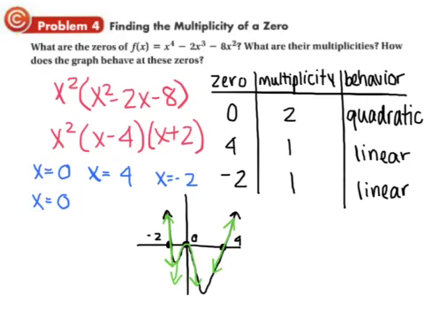So that is what we are talking about when we're talking about the behavior. Just by having your zeros and knowing their multiplicity, you could say, at this zero, this is how my graph is behaving. At this zero, this is how it's behaving. You can take the behavior of the graph from its zeros.